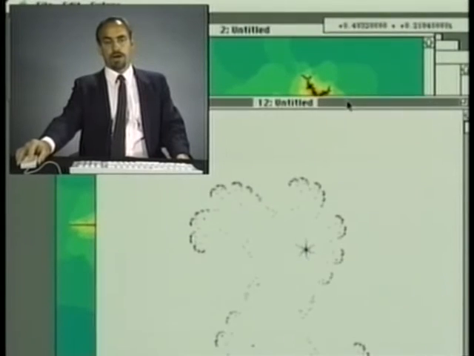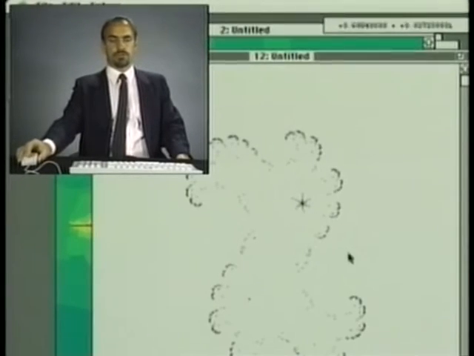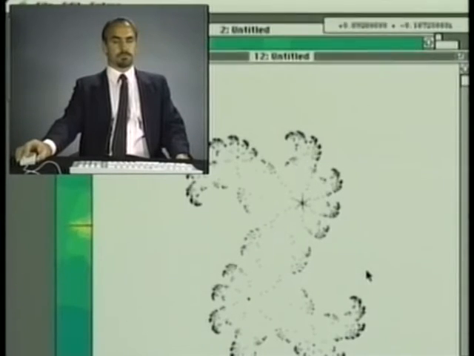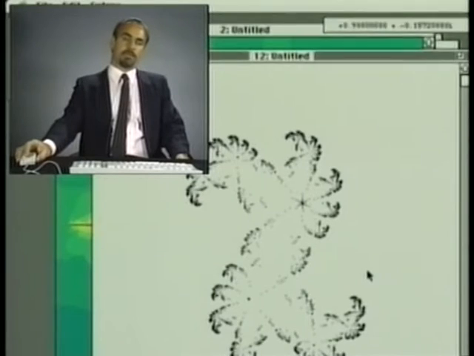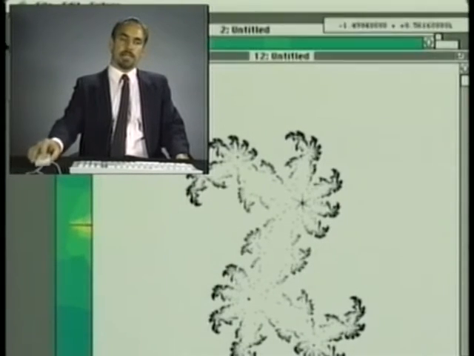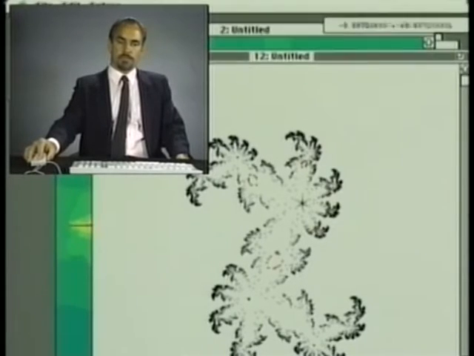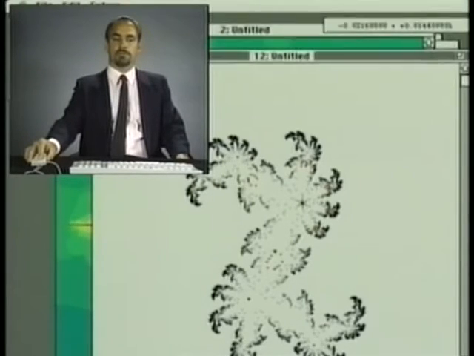Here, before your eyes, the computer is computing the Julia set. It's new and different from the previous one, quite complicated, certainly appears to be connected, and if I ask for the orbit of 0, 0 is approximately there. This is a complicated one, but you can see that this orbit of 0 clearly appears to be bounded.